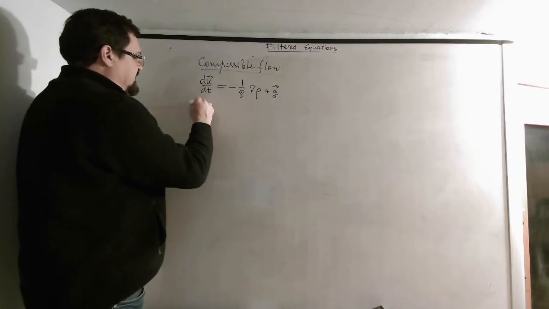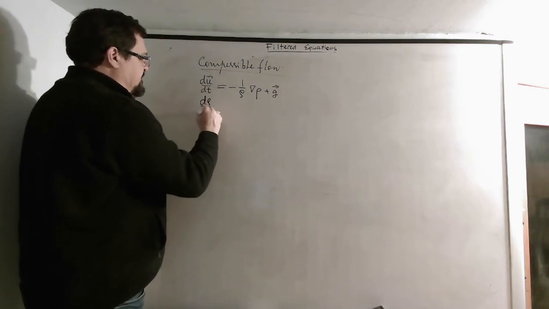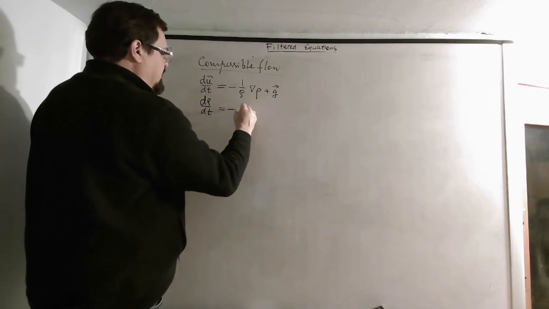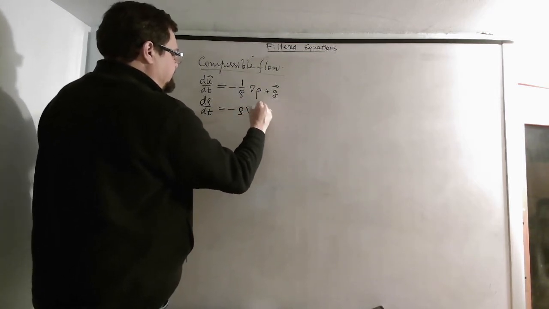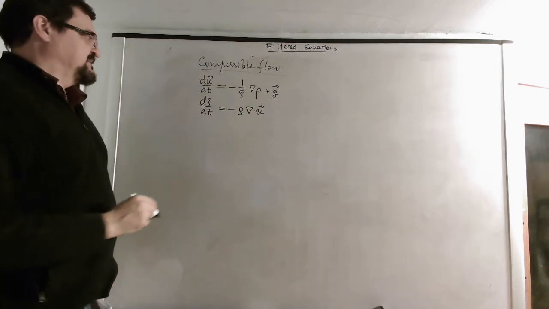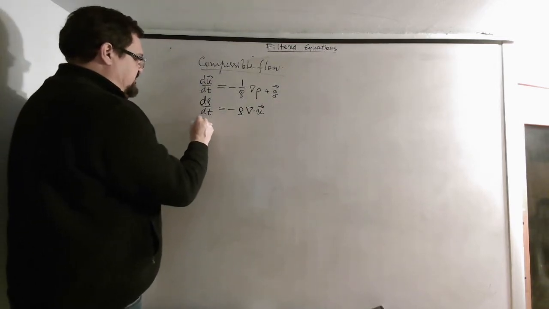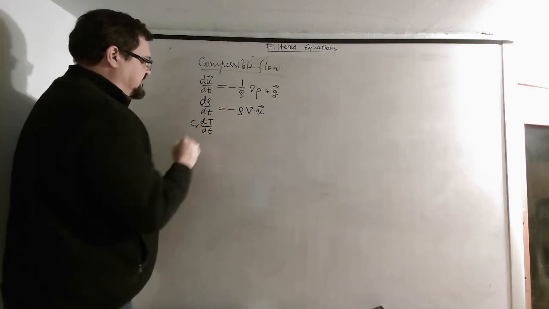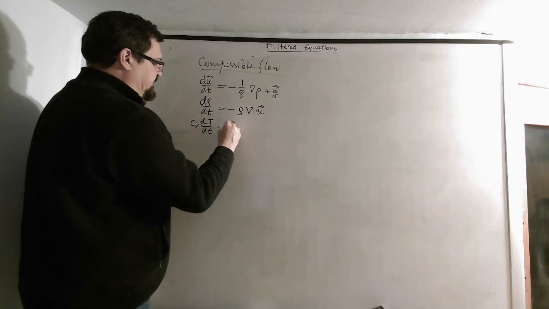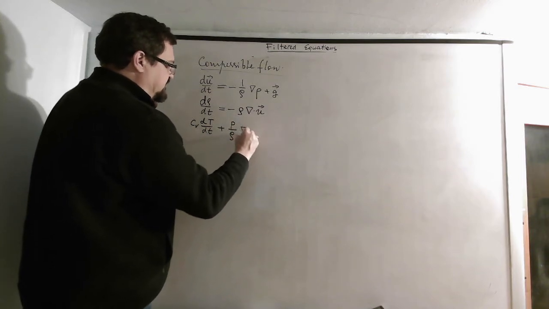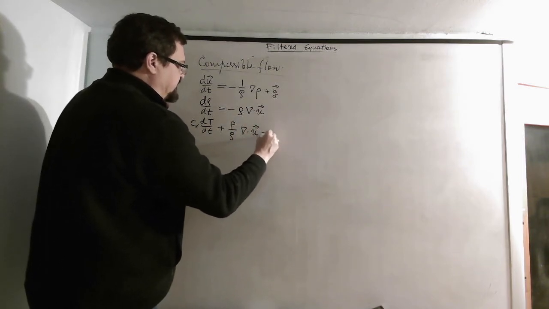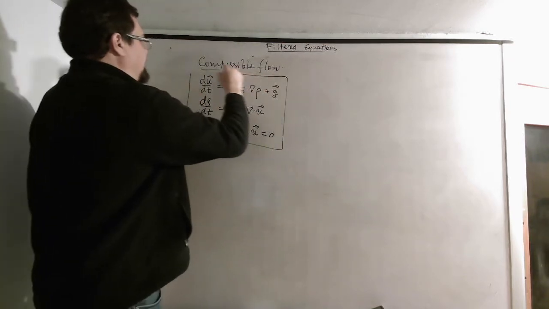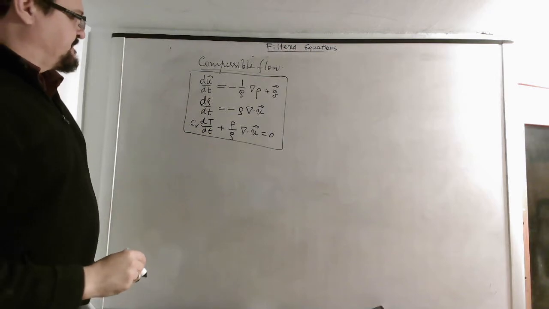Then d rho dt equals minus rho divergence of velocity, this is the continuity equation, and the energy equation, which is cv dT dt plus p over rho divergence of u equals 0. So this is the canonical form of the compressible flow equations.